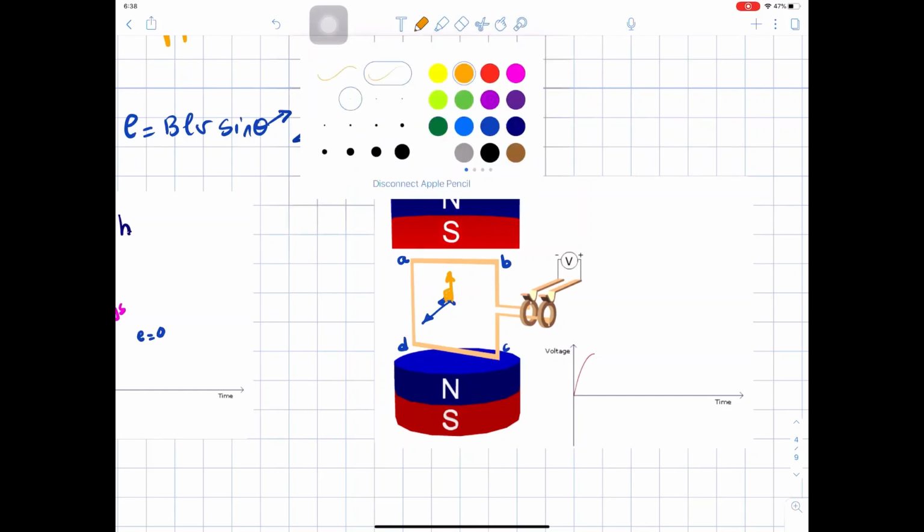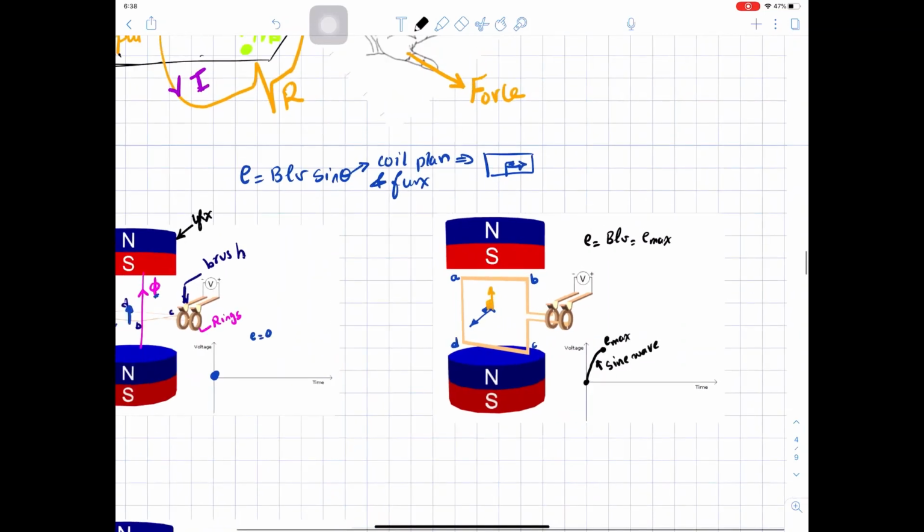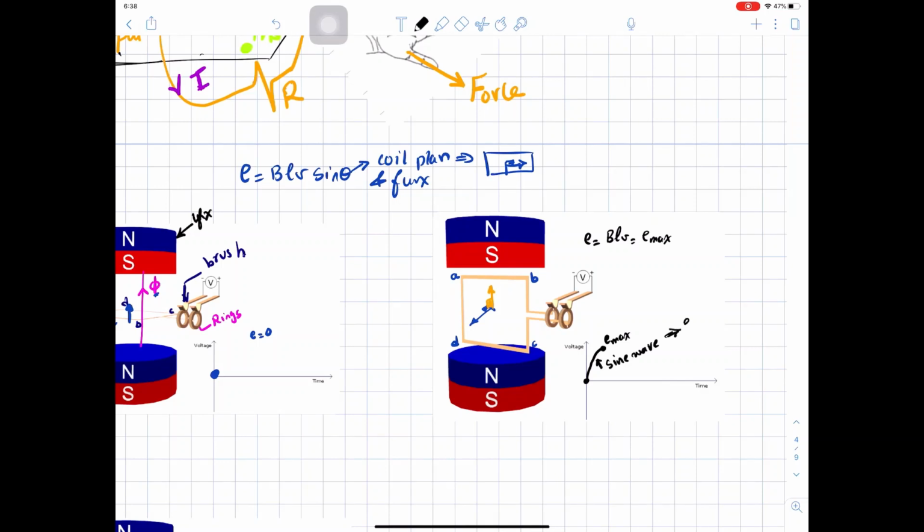So in this case, E equals BLV, or equals E max. The voltage will be max. And as you can see, the voltage changed from 0 to max as a sine wave. And it is a sine wave because E equals BLV sine theta, and theta is omega t. So with the time going on, your voltage will be a sine wave.